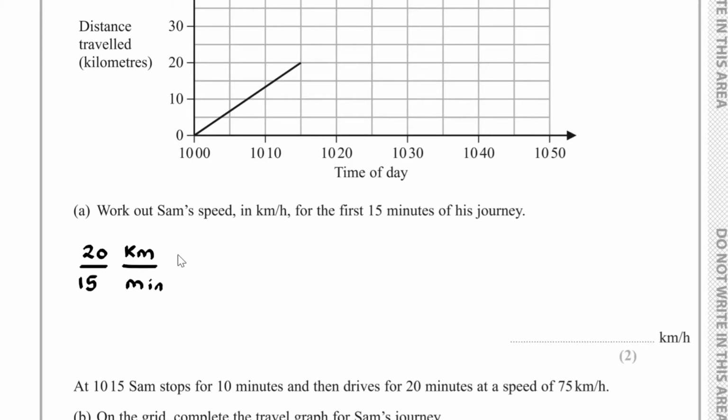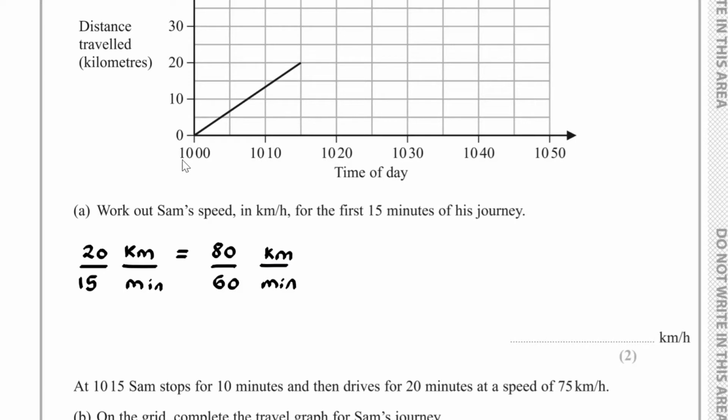minutes. But what we want to do is convert this to kilometers per hour. And so what we want is 60 minutes on the bottom. And so from 15 to 60 we multiply by 4, and so 20 times by 4 is 80.